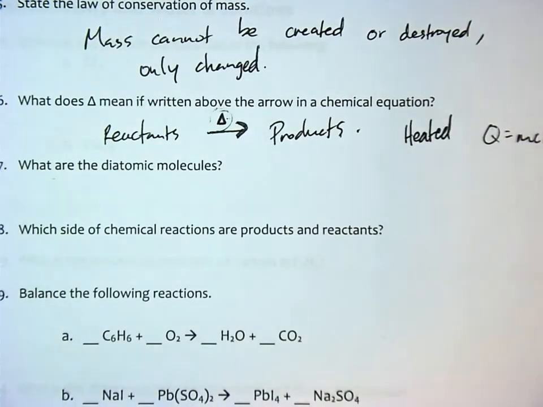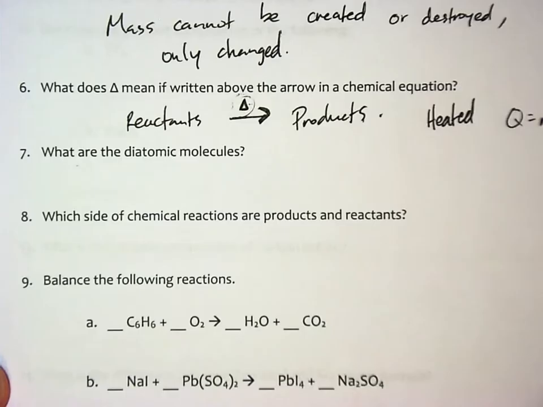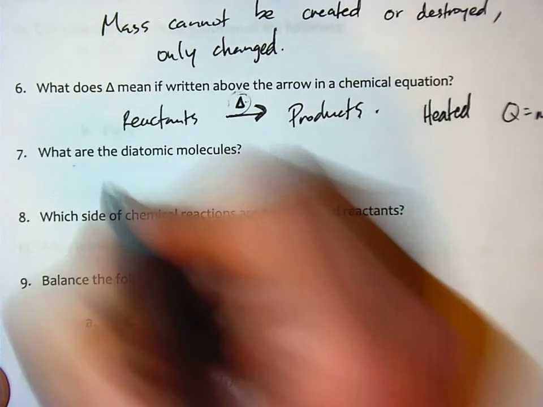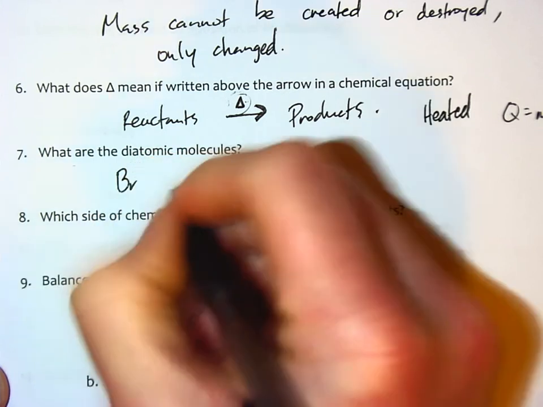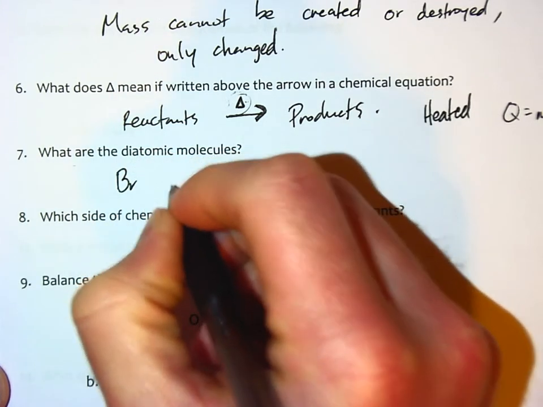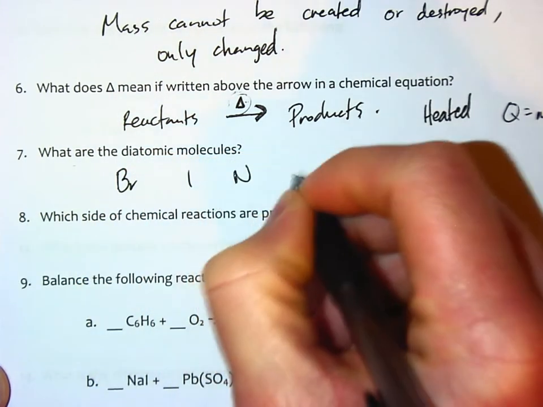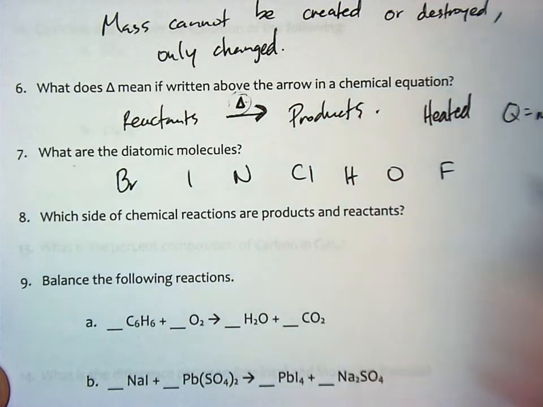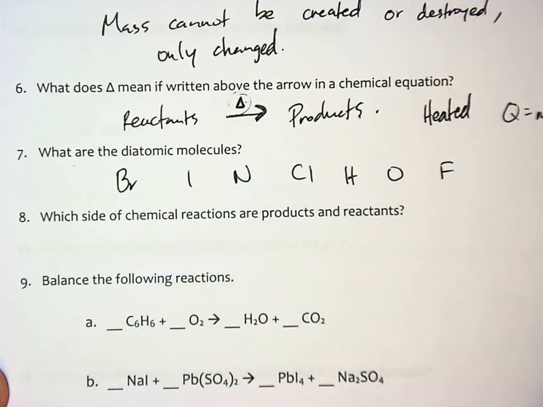Diatomic molecules. Okay, diatomic molecules are only going to exist in pairs. They're elements that are not going to exist by themselves. They're always going to be paired with another one of their own. So how I remember is Brinkelhoff.